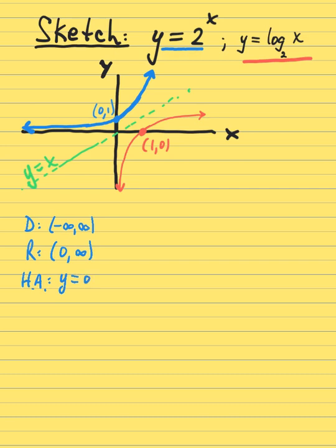Now, for the logarithm, the domain, only the positive x's are covered. Note that the graph covers all y values: the negative y's, 0, and positives.